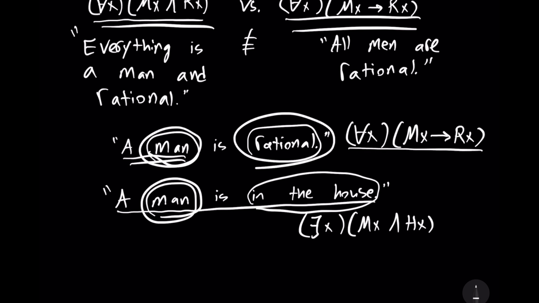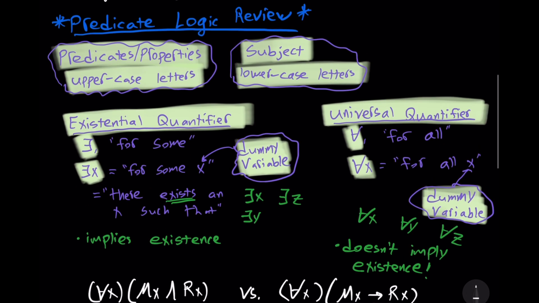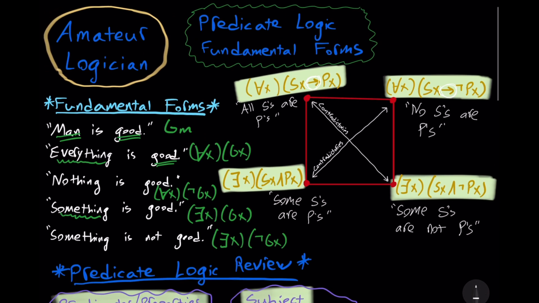So for all x, if x is a man, then x is rational. Whereas in the second example, a man is in the house, we have something that's existential. So there exists an x such that x is a man and x is in the house. So this is an introduction to predicate logic, dealing with what I'm going to call the fundamental forms of basic predicate logic.